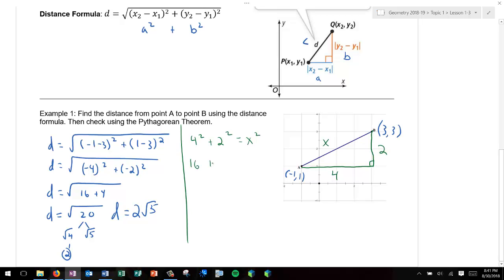Then I'd have 16 plus 4 equals x squared. And I'd have 20 equals x squared. And we end up with radical 20 equals x, which we saw over here from simplifying is 2 radical 5. So even though we've been given distance formula, you can treat it as the Pythagorean theorem if you use finding horizontal and vertical distances.